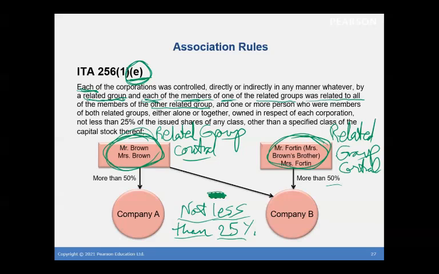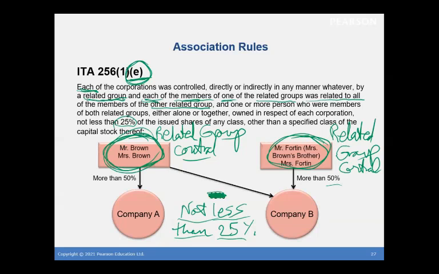And one or more persons who are members of both related groups, either alone or together, own in respect of each corporation not less than 25%, and so on. So to try to simplify this, it's a little more complicated because there's more people involved.